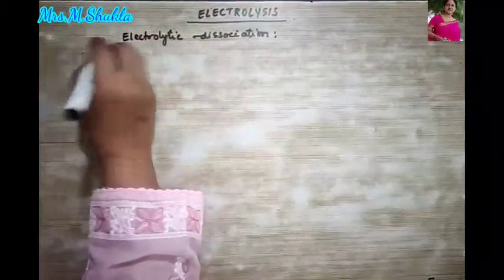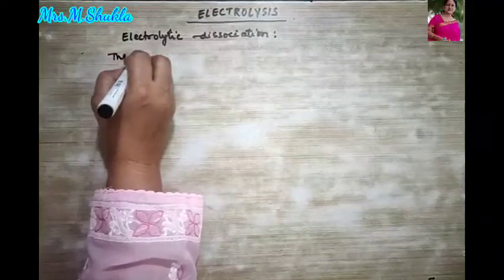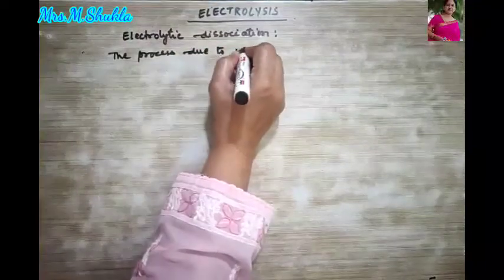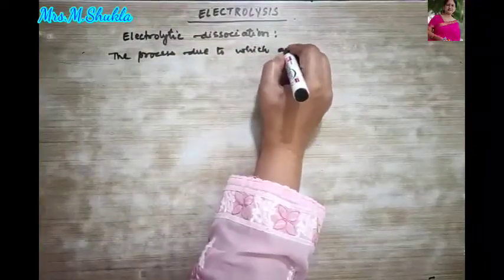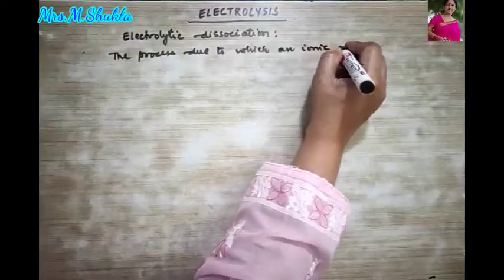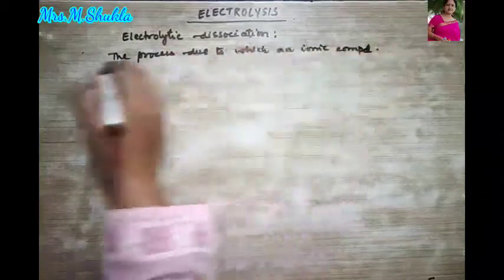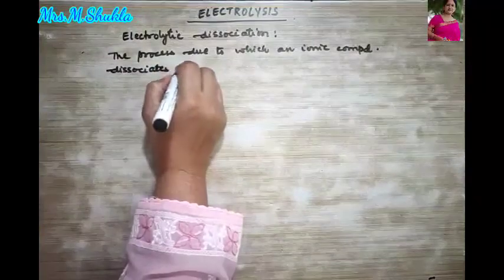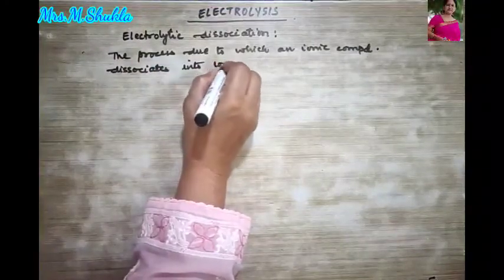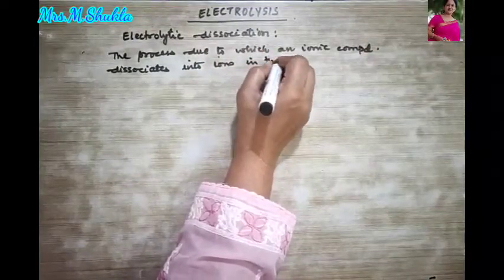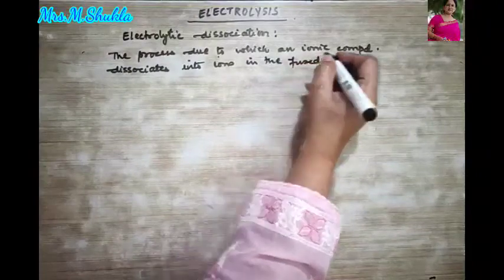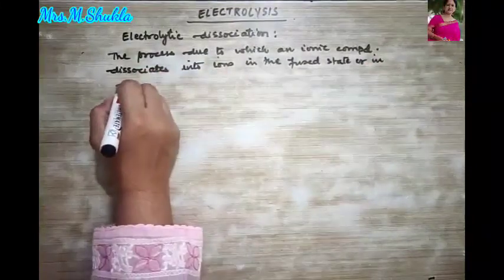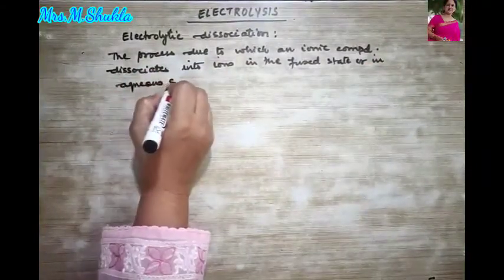So what did I say? What is electrolytic dissociation? The process due to which an ionic compound dissociates into ions in the fused state or in aqueous solution.